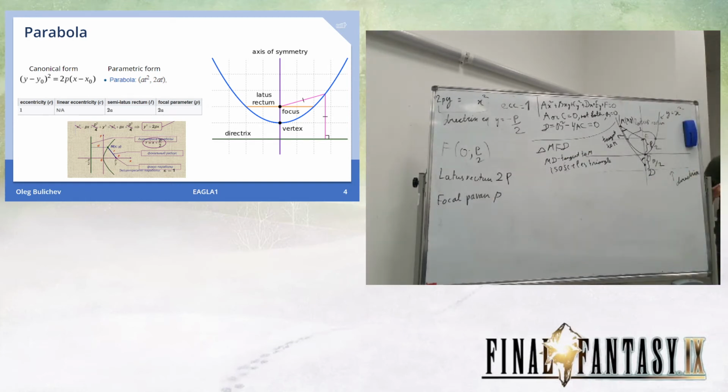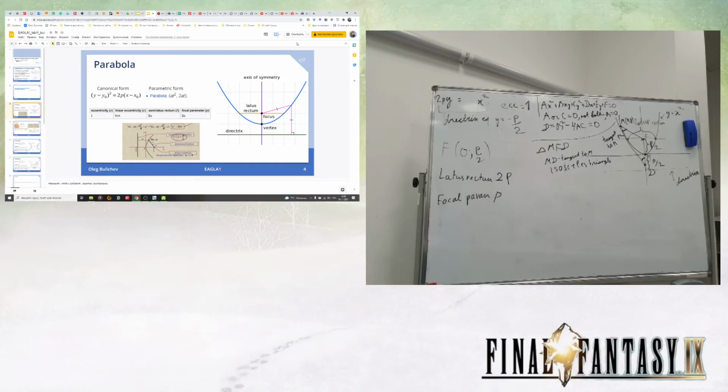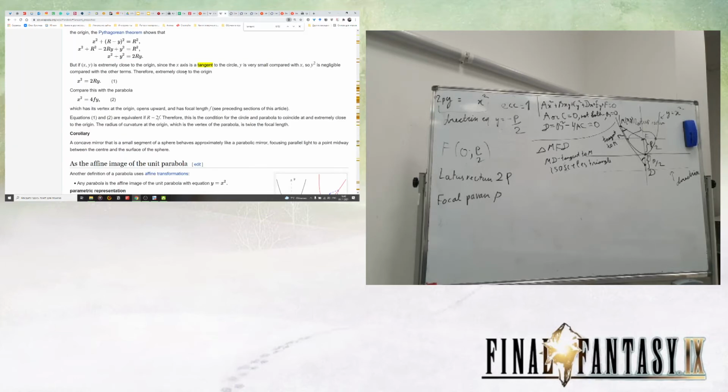What else? Look, the tangent. Find the tangent to the parabola. Maybe the eccentricity formula of the parabola, where e is equal to 1.